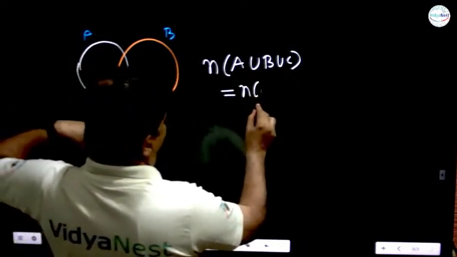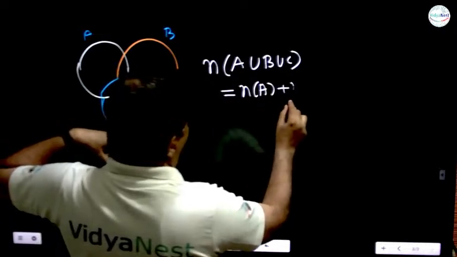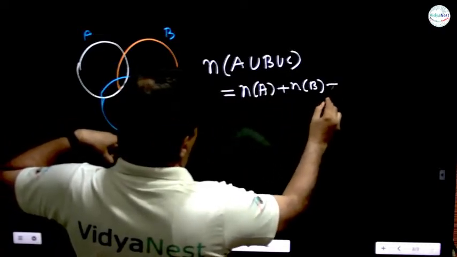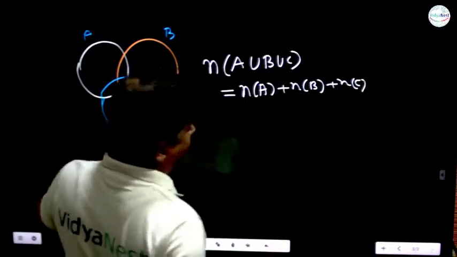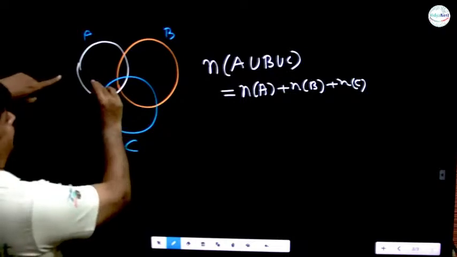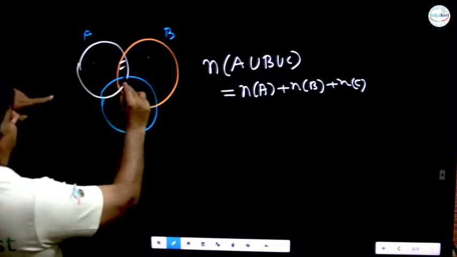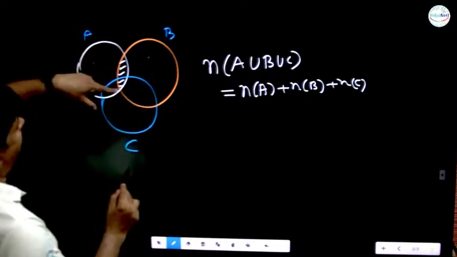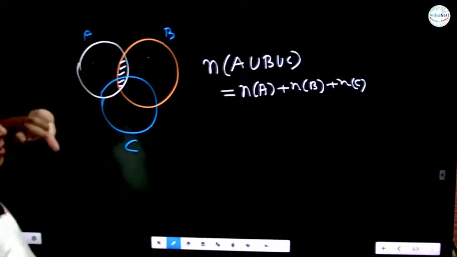Let's see, n(A) plus n(B) plus n(C). But we get fumbled in the addition of three sets. Why? Because once you are adding these two, you are adding this common region of A and B twice.